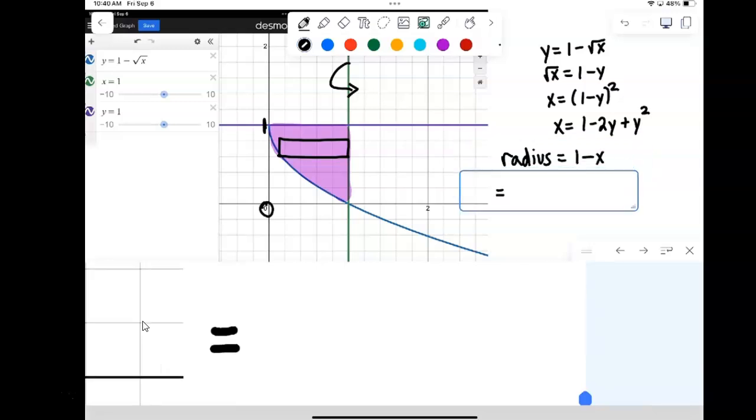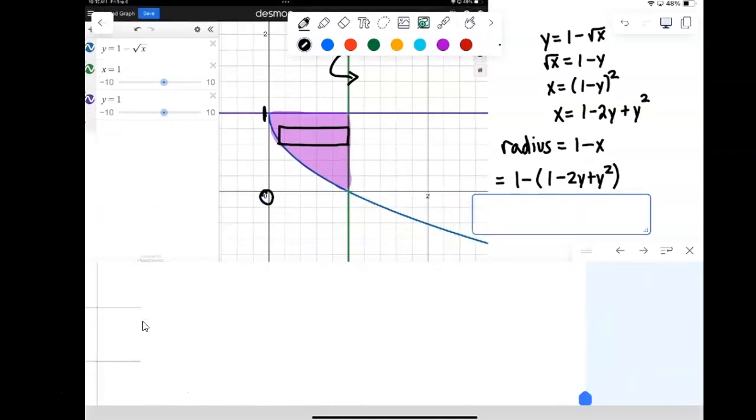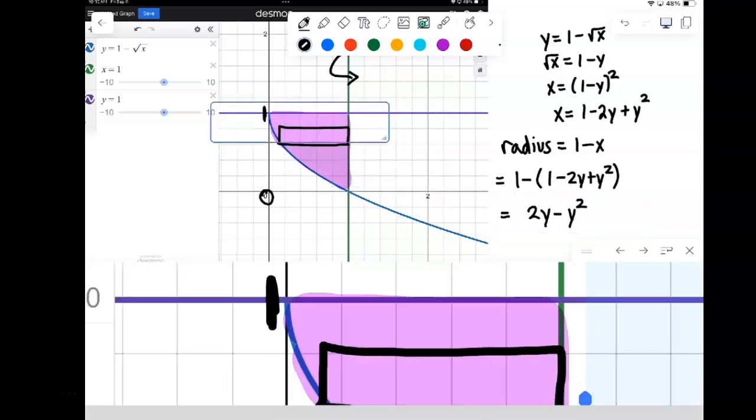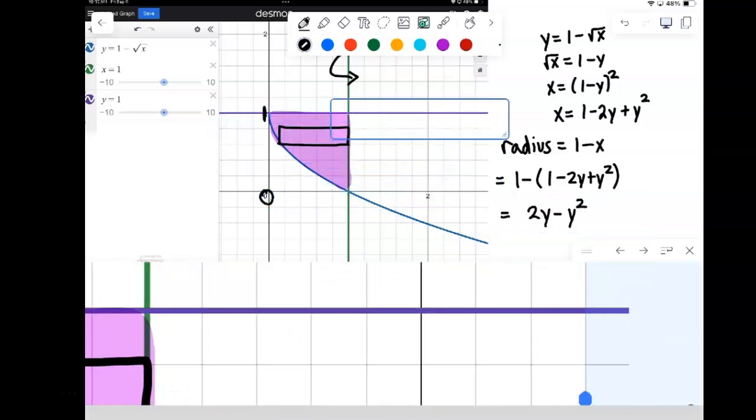Which would be 1 minus (1 minus 2y plus y squared). And that would simplify to be 2y minus y squared. Right, that will be my radius. And so now we're ready to compute the volume, just using the same idea of a disk, because it is touching the axis.